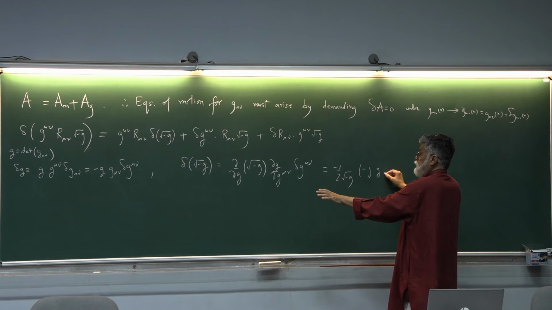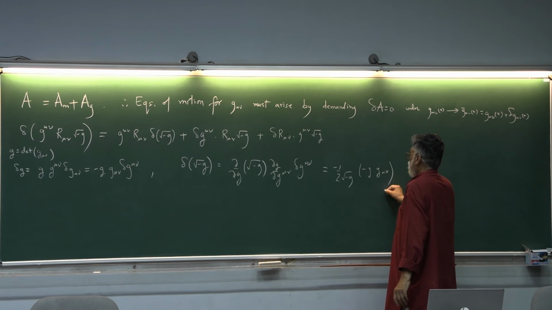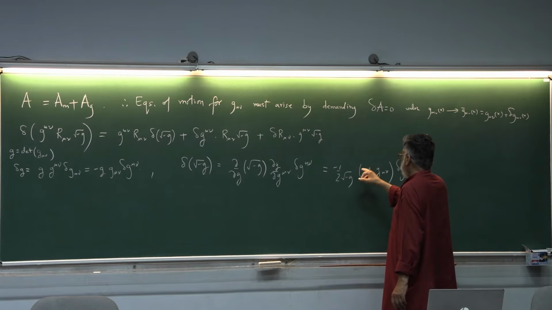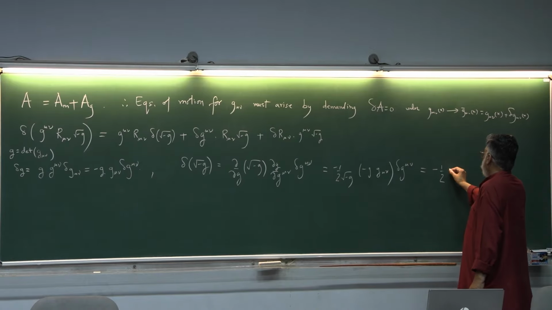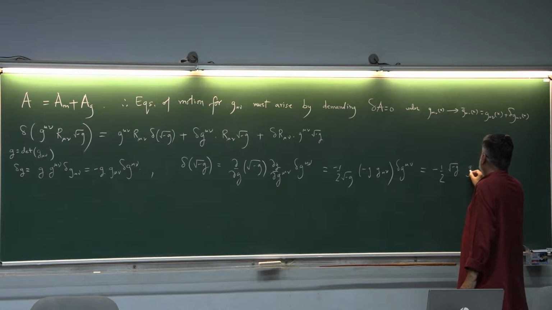And therefore minus g by square root of minus g is square root of minus g, so minus half root minus g G mu nu delta G mu nu.